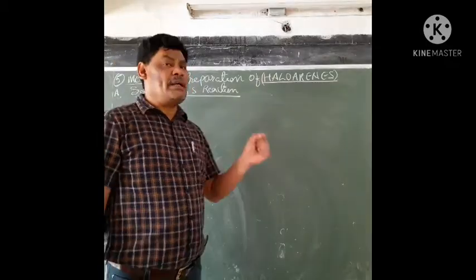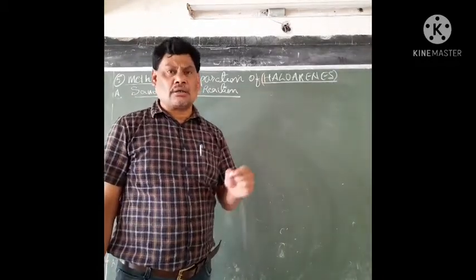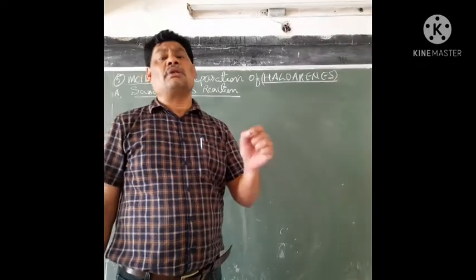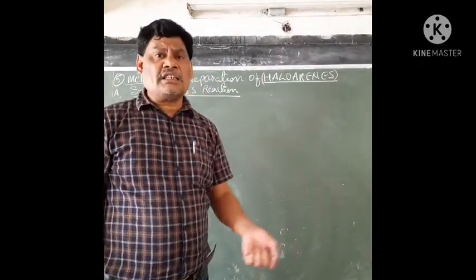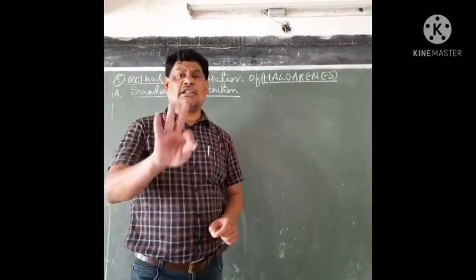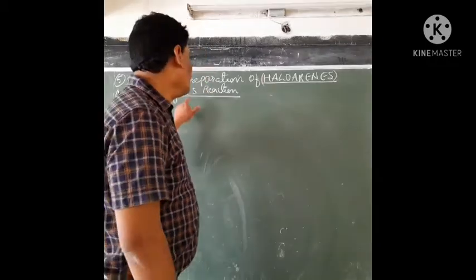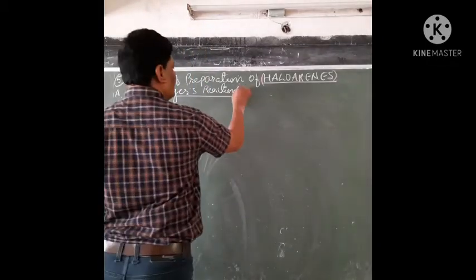Even the diazonium salt is used to prepare cyanobenzene and phenol. That means in 3 chapters the reaction can be utilized. Therefore, you have to pay proper attention to it.